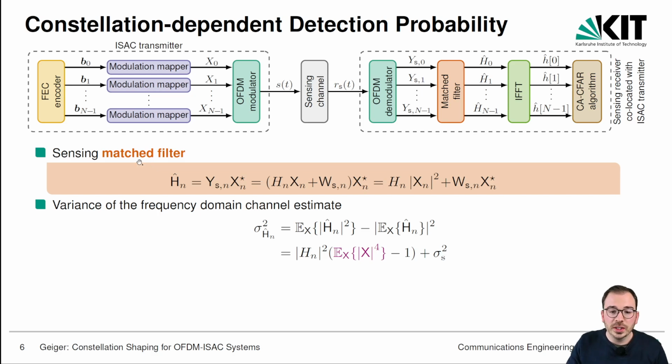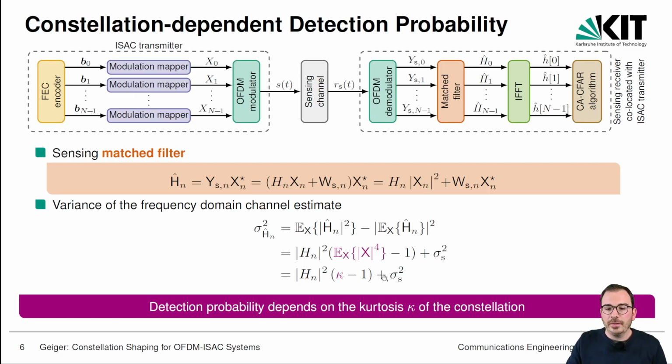And so now if we do the math, we find for the variance of the frequency domain channel estimate that it actually depends on the fourth moment of our constellation. And this is now a very nice result, because with this we are able to connect the detection probability at the output of the CFAR to the constellation of our ISAC system.